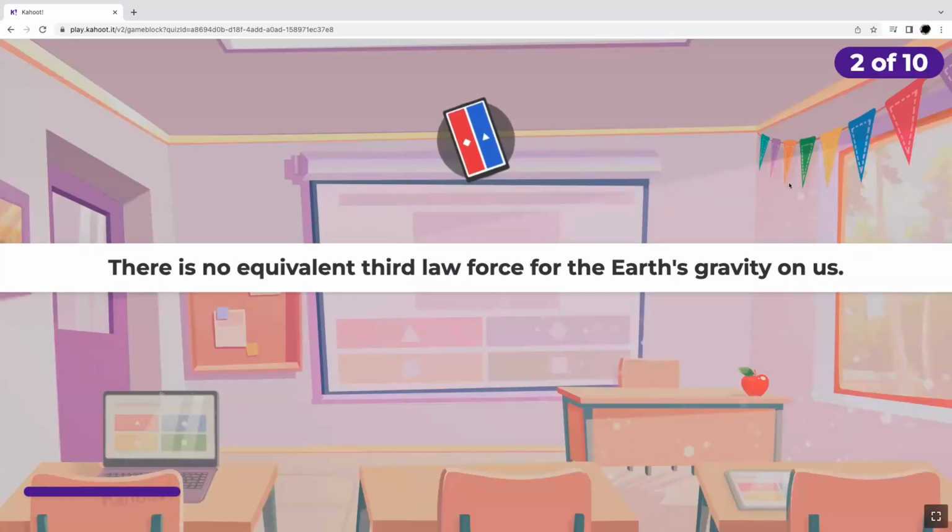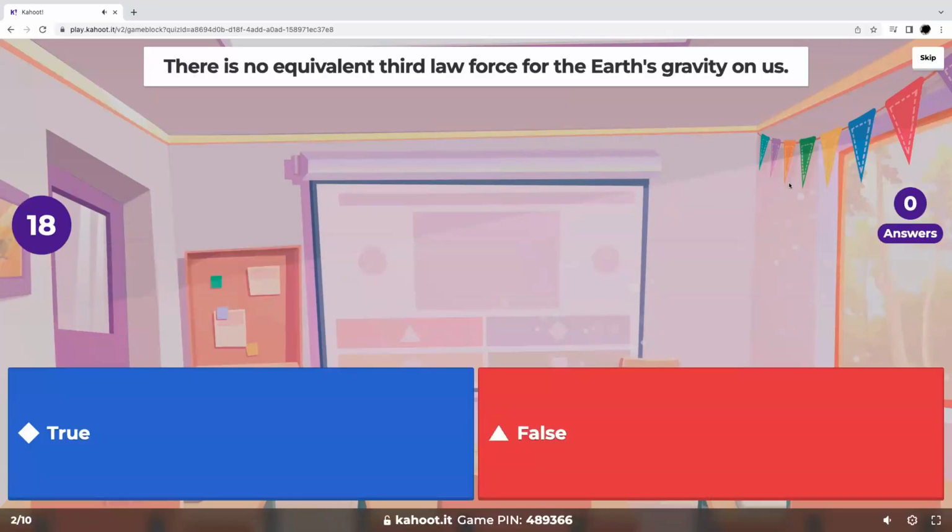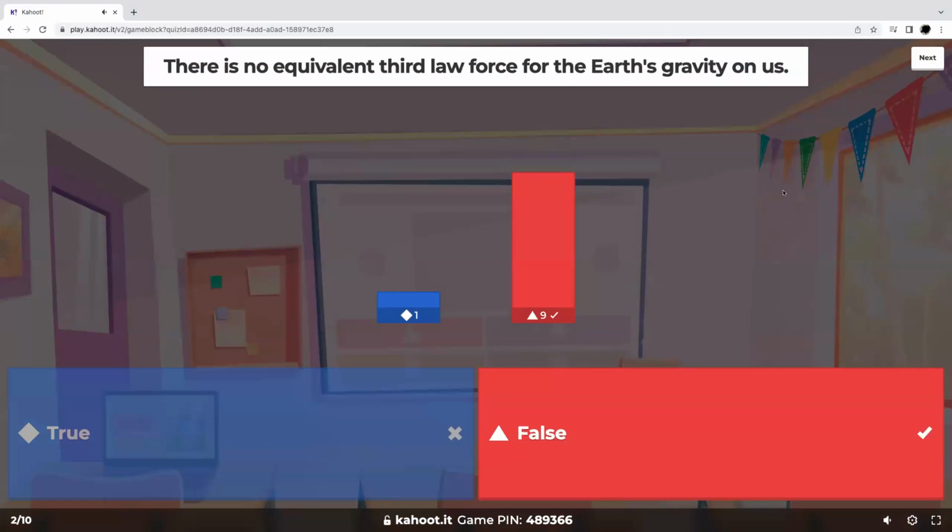All right, I'm going to try to answer this one a little more. I think I did discuss this one earlier in class, so I expect most people to get this one right. Yeah, you do exert a force of gravity back on the Earth. It's just that the Earth is so much bigger that it basically means nothing.